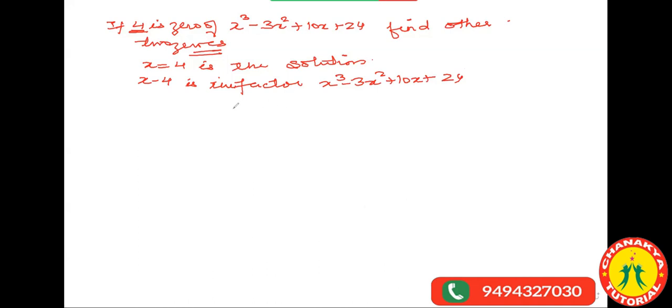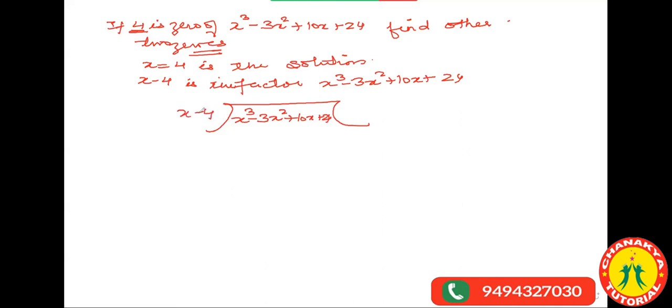Now it means that this is a factor, so you can divide x cube minus 3x square plus 10x plus 24 by this factor x minus 4.